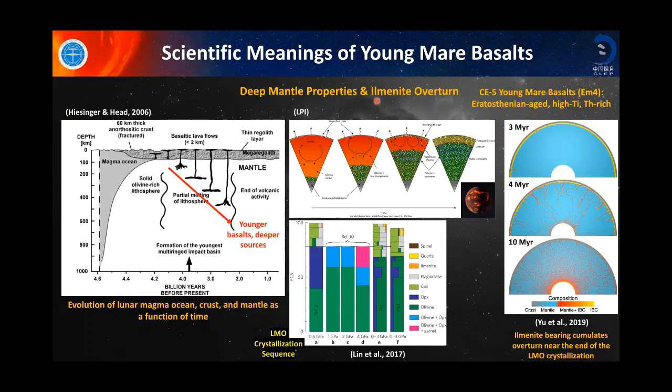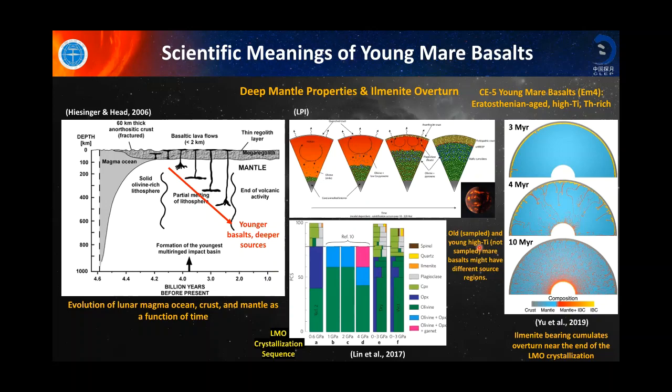When the age of Mare basalts becomes younger, there are more possibilities that the young Mare basalts come from deep mantle sources. So if we sample these samples back, we can know much better the deep mantle properties. We do already have older high titanium Mare basalts, but we don't have young high titanium Mare basalts.